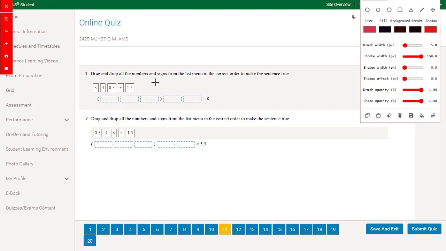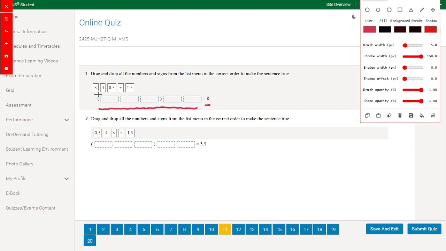Drag and drop all the numbers and signs from the list menu in the correct order to make the sentence true. We have multiply, 4, 0.5, plus, and 1.5. So we have to fill the left hand side to get 8.